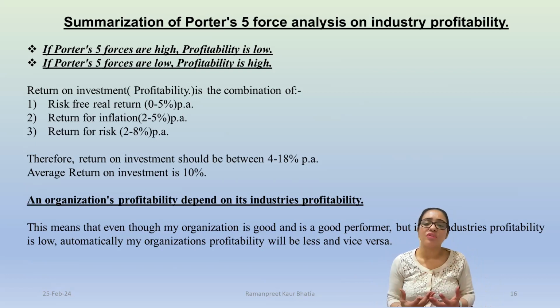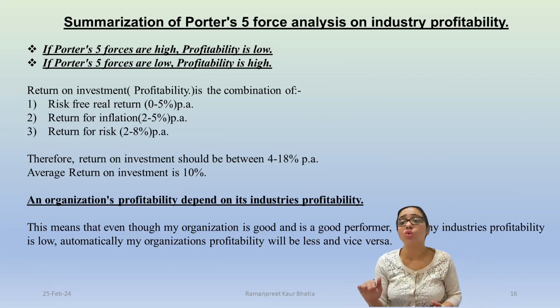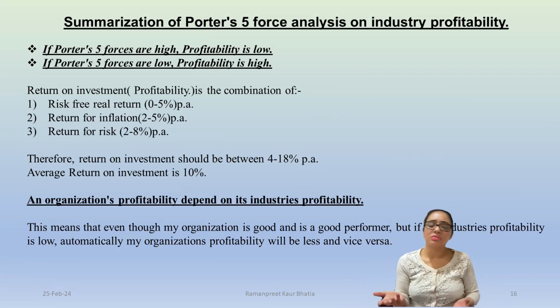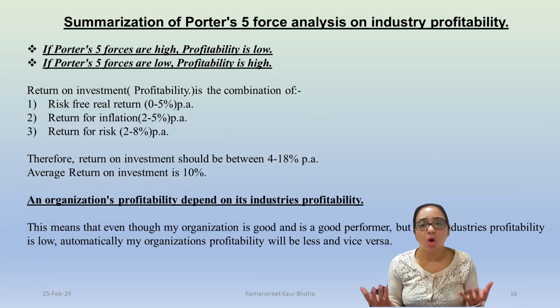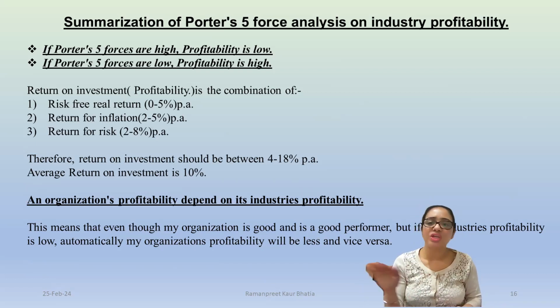Overall, the industry profitability should lie in the range of 4 to 18%. Depending on the impact of all these factors, we can just say an average of about 10% per annum.